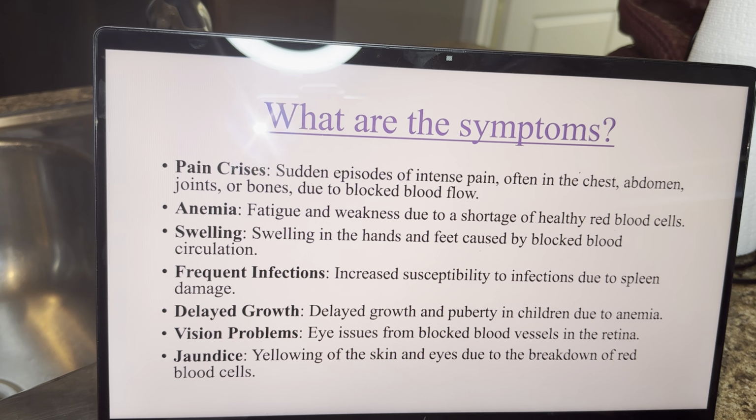Jaundice is also another side effect, and a lot of people dealing with sickle cell anemia will have a great amount of fatigue, and it's because of the lack of healthy red blood cells circulating in their body.